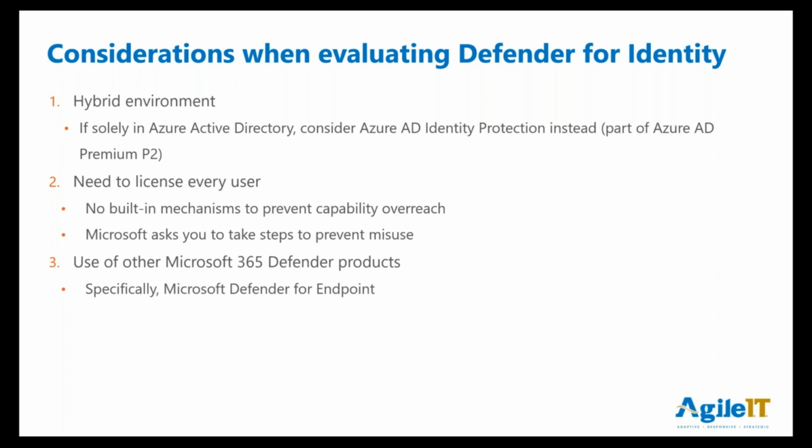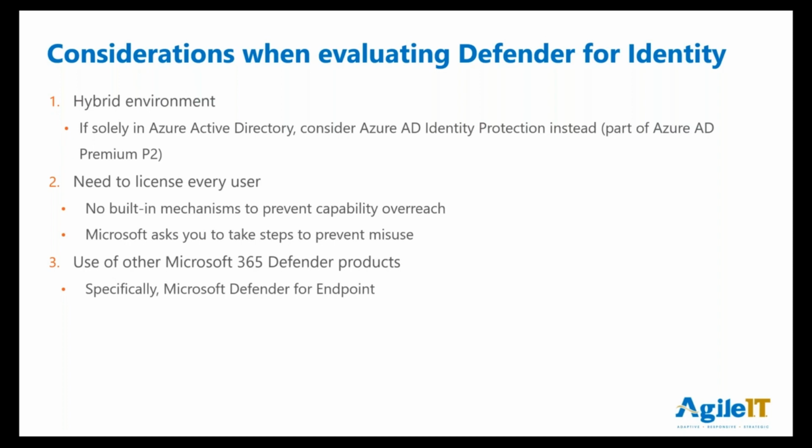So if you are playing around with it from one license, you're seeing that you like it and you do want to use it, you're going to want to make sure to license that for every user, lest you be out of compliance and face fines and back charges for that capability.